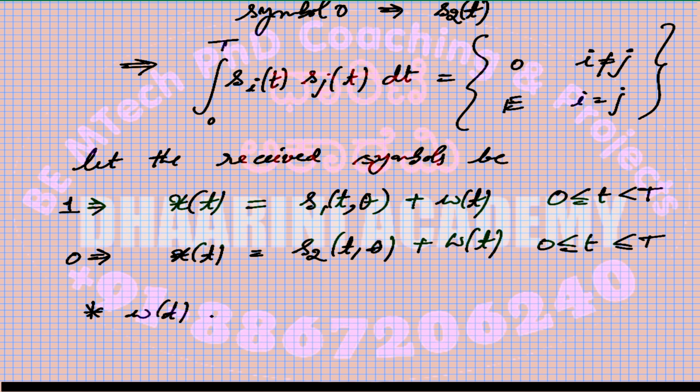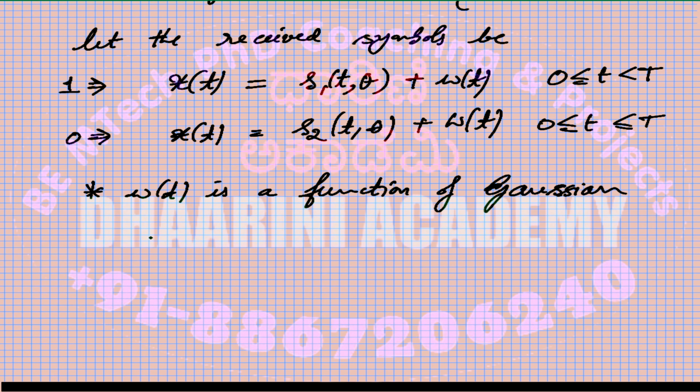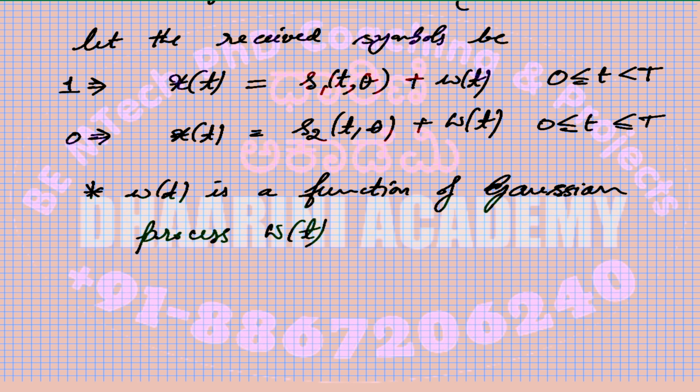So w of t is a function of the, again we assumed Gaussian, the Gaussian process, capital W of t. Small w is actually a value. Capital W is the whole function. That function can take different values at a given point of time t.